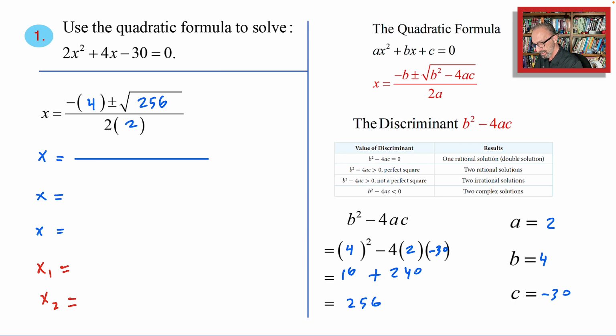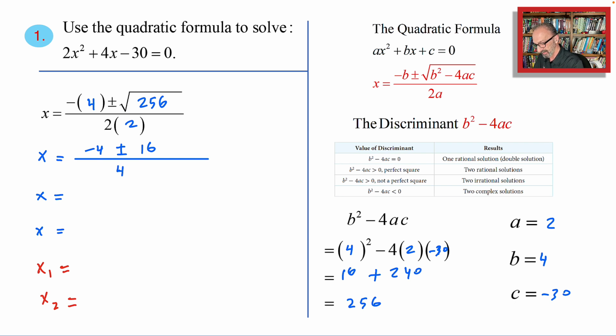Simplifying this, I have minus 4 plus minus the square root of 256, which is positive 16, because 256 is a perfect square, just like 36 and 49 and 81 and so on, over twice a, which is 4.